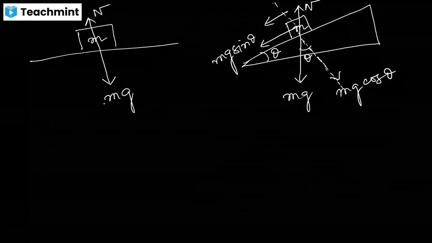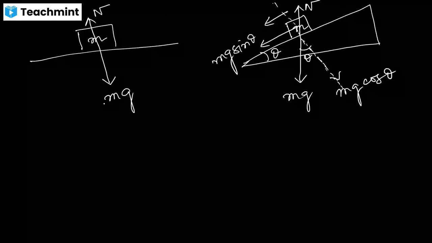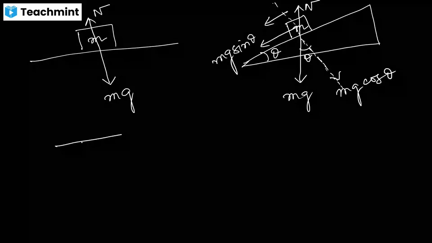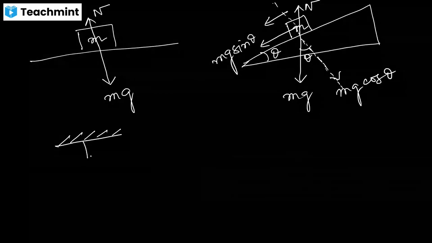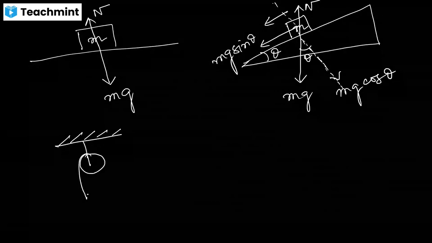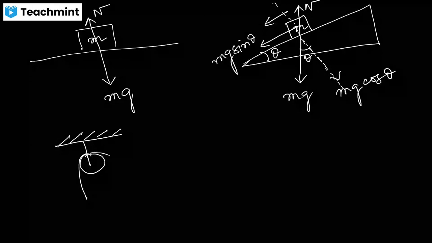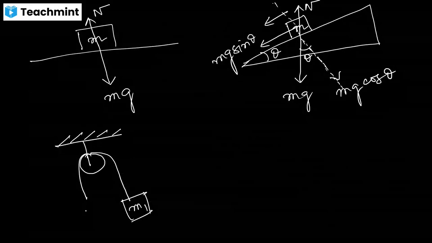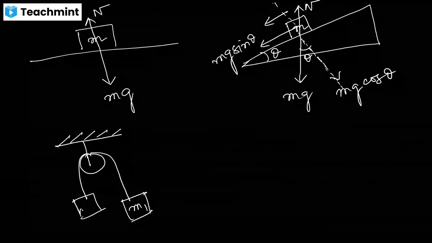Now, one more thing. Suppose there is a pulley, and two objects are hanging with respect to this pulley. This is an object M1, there is an object M2.